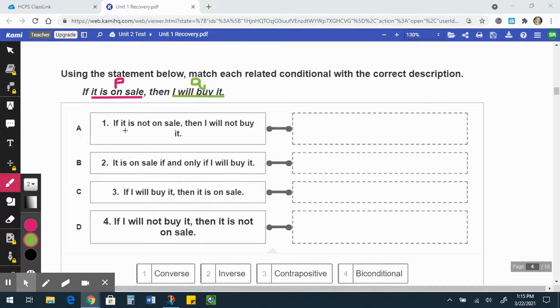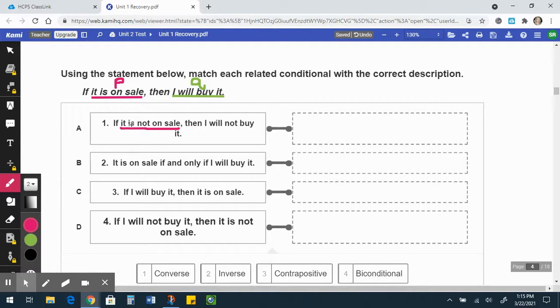A, if it is not on sale, then I will not buy it. Let's check carefully. It is not on sale relates to the original P. You've got to decide, is it perfect P or is it negated P? The original said it is on sale.